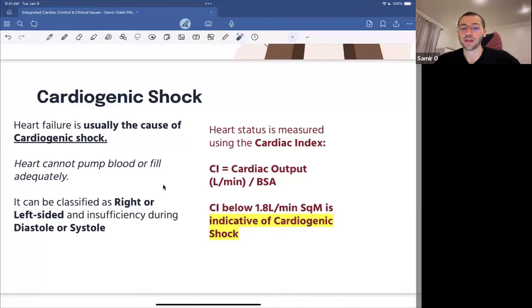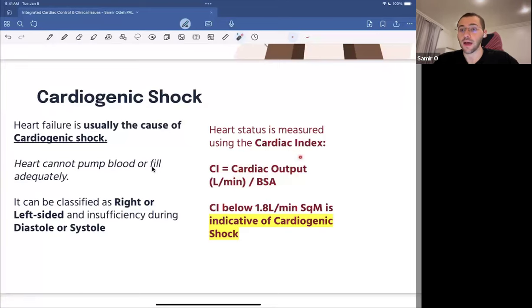A very nice way of measuring the status and the function of the heart is via something called the cardiac index. You really should memorize it because I feel like it does come up on exams. Essentially, this is the cardiac output, which is in liters per minute. And, side note, I encourage you guys to really study the hemodynamics lecture, specifically the equations for cardiac output.